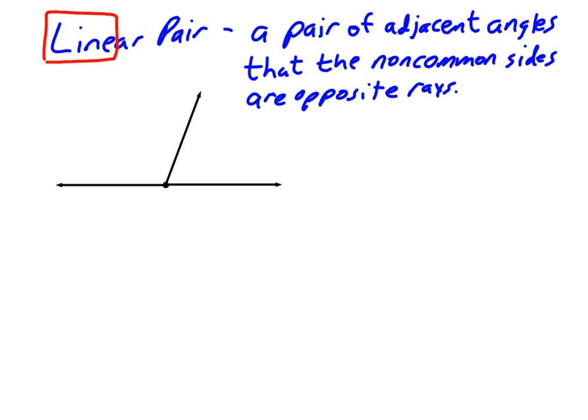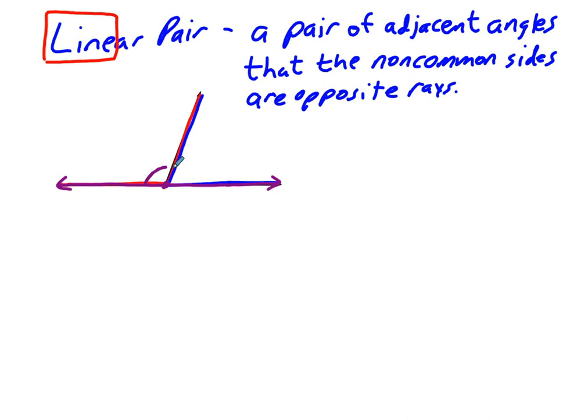Here's one angle, here's another angle. This side and this side are the non-common sides of those red and blue angles, and they form this straight line. So they're rays that are going in opposite directions. That's what we call a linear pair.